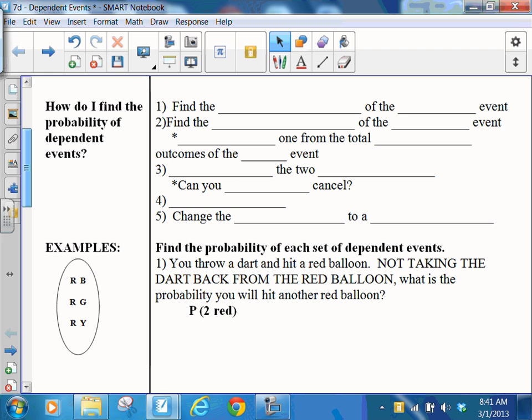How do I find the probability of dependent events? First, you find the probability of the first event. Next, you find the probability of the second event, and that involves subtracting 1 from the total possible outcomes of the first event.